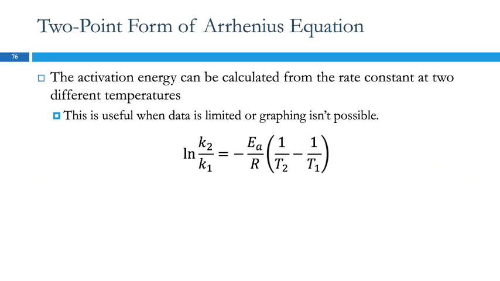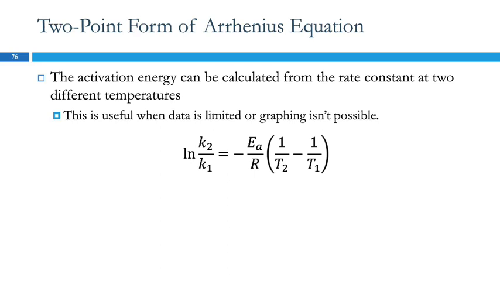So sometimes graphing is a little beyond what you want to do. You can calculate the activation energy from the rate constant at 2 different temperatures. This is something we're going to do with the data from our experiment that we're doing today. If you only have 2 data points, there's no point in making a graph, no pun intended.